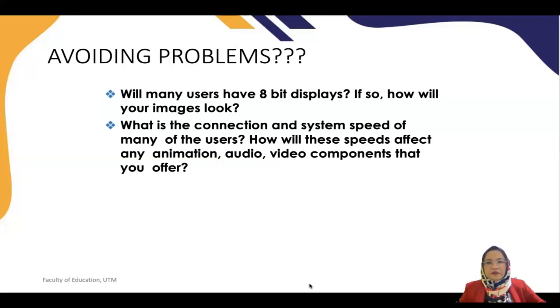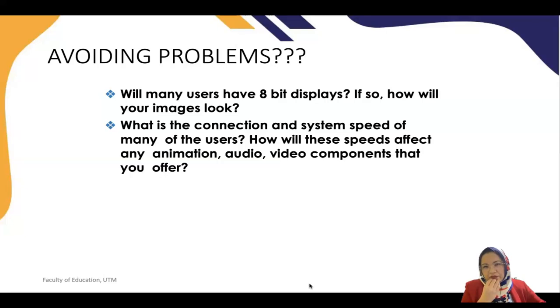So 8-bit resolution wouldn't be any problem anymore for most of us. But previously, it was hard to display a quality image on our phone or computer, with fewer capabilities. But still, you have to consider this, and what the connection and system speed of many of the users is. This one you also have to take note of.